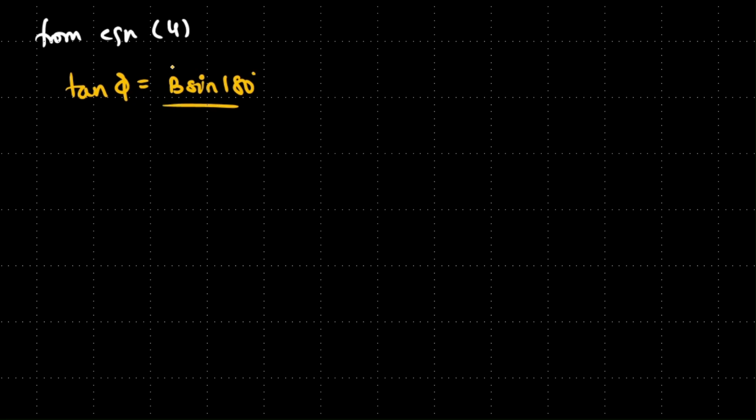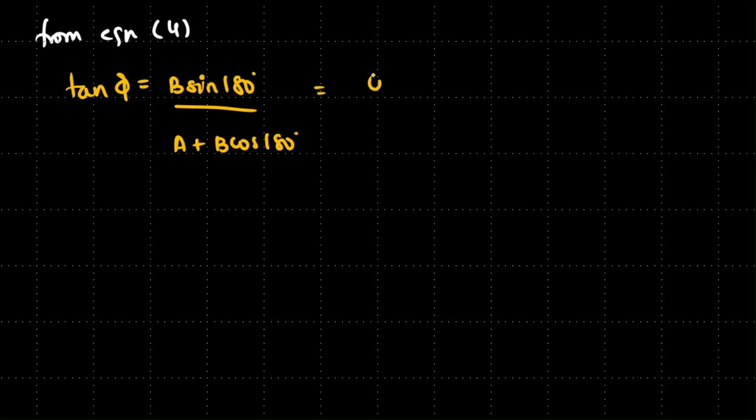So now, from equation 4, tan phi is B sine theta divided by A plus B cos theta, where theta is 180 degrees.